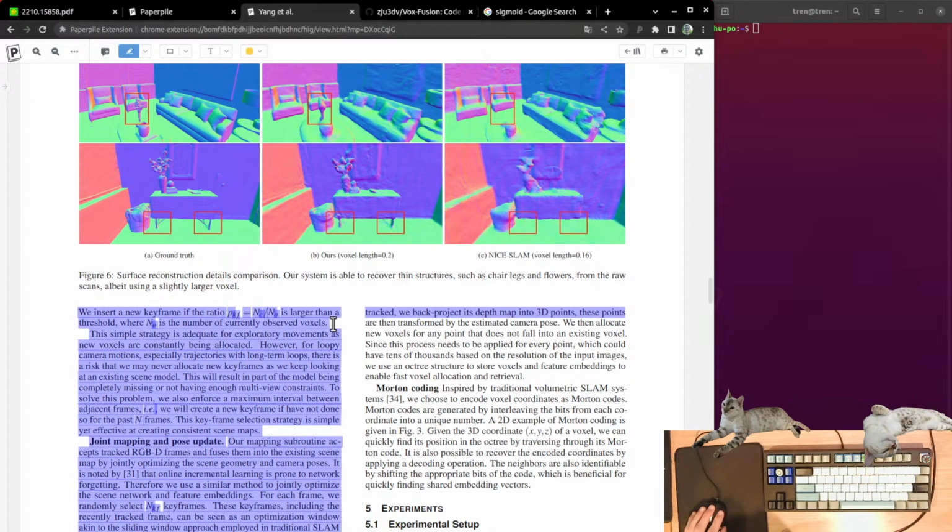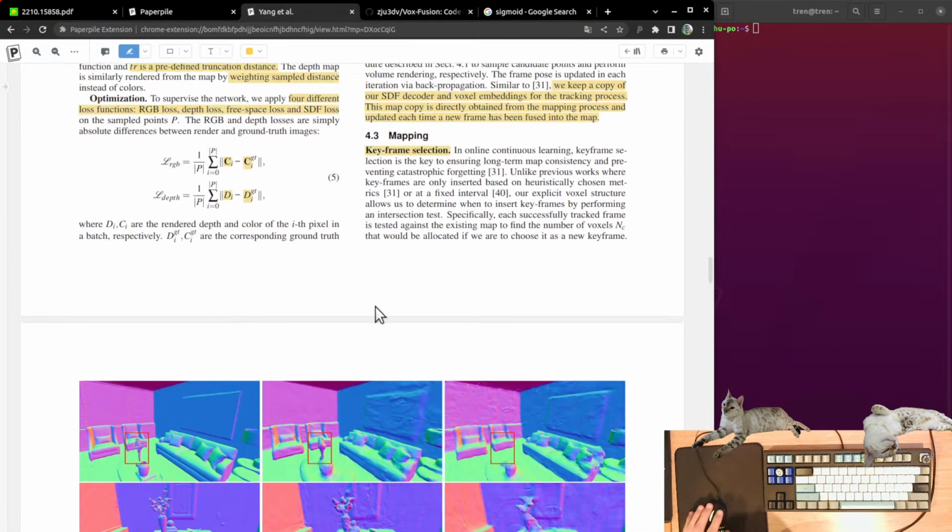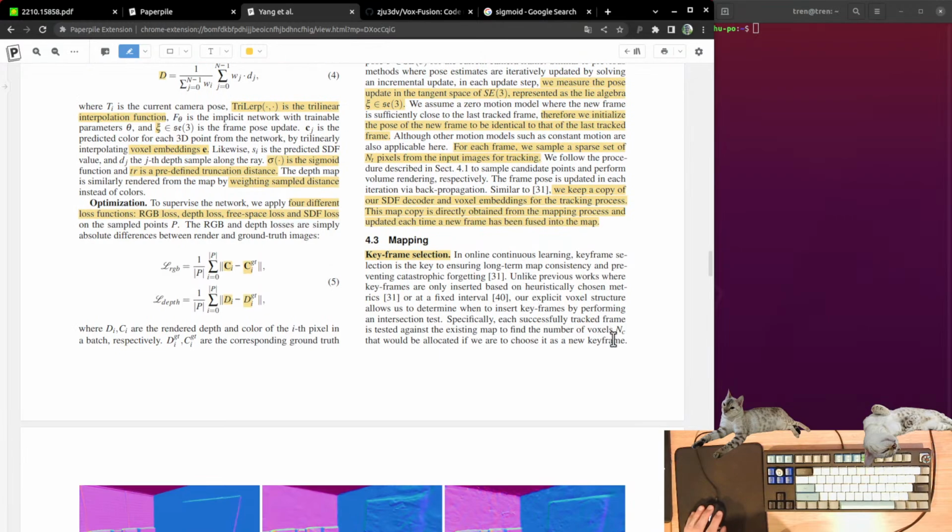Yeah. So this is kind of a greedy strategy where they take a frame and then the current map, and they look to see which rays coming out of that frame, which voxels does it intersect, right? N_C, where each ray is coming from a sample of N_T pixels from that frame.